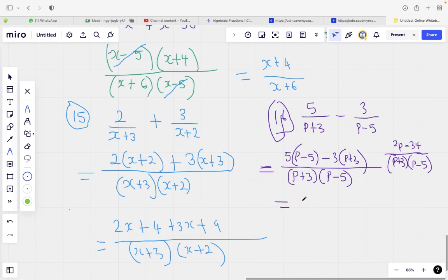The denominator we keep constant. So we have 5p, 5 multiplied by negative 5, we get negative 25. Then negative 3 multiplied by p, we have negative 3p. Then negative 3 multiplied by 3, we get negative 9.